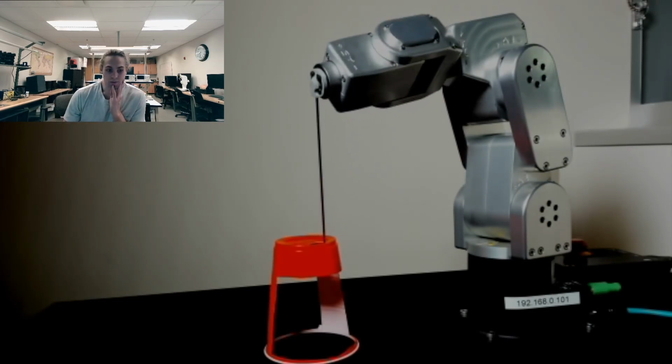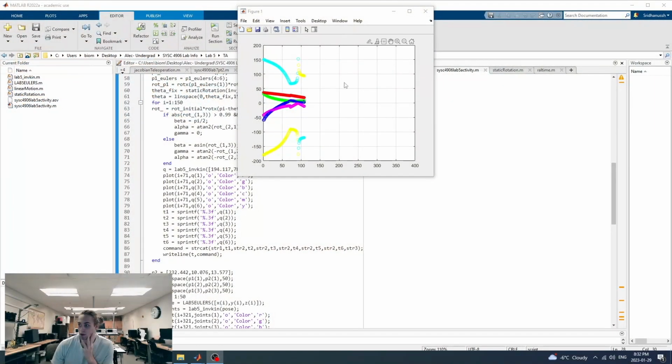So when we go back to the screen over here, we've got these joints going to one of their limits and then coming back down in the opposite direction because analytically it was hard to determine which direction was better. So we made the mistake and then compensated for it.